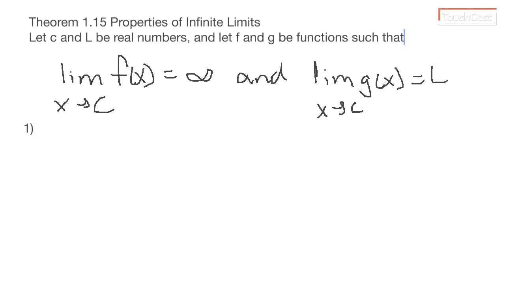The first are that we can look at sum or differences.